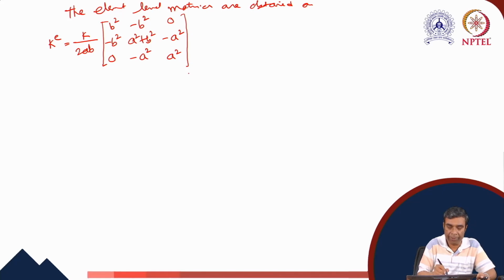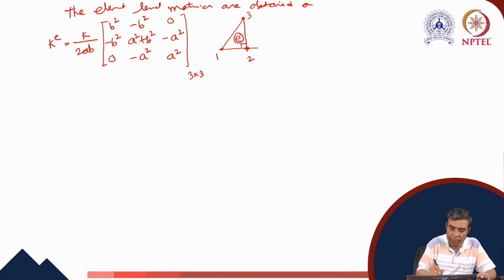This matrix we get when the right angle is positioned corresponding to local node 2. So when our element is in this configuration, local nodes 1, 2 and 3.